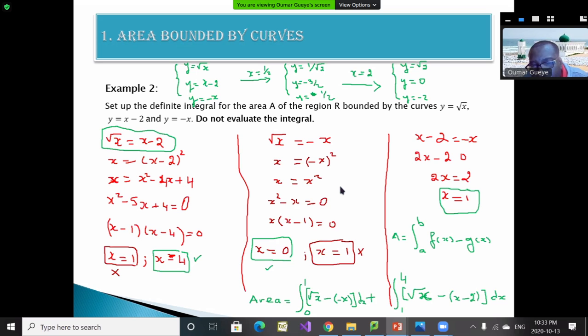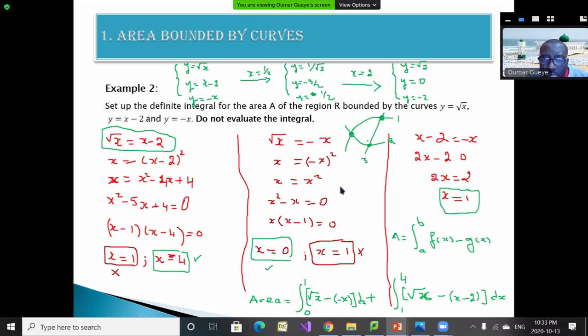Three functions doesn't make sense, because as I told you at the beginning, your graph would look like this, for example. Okay, you have one intersection point here and another intersection point here, the second one, and the third one is right here. And for all of them, you can see this is my first function, this is my second, and this is my third.